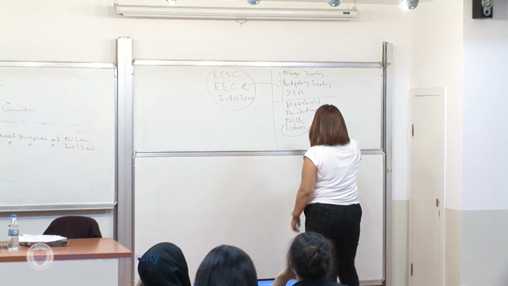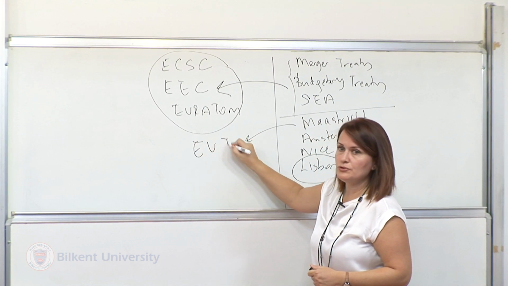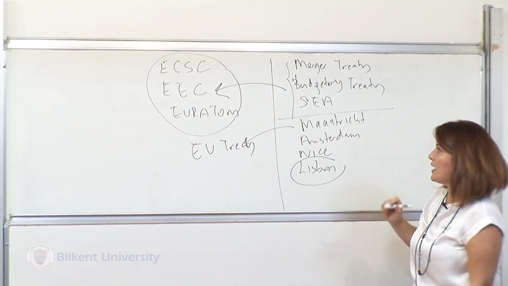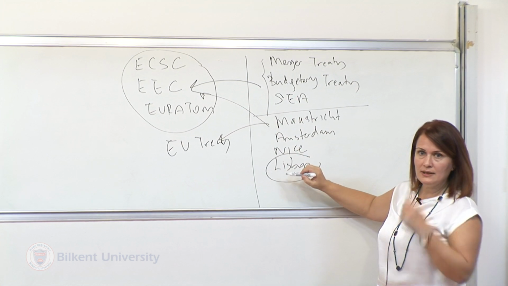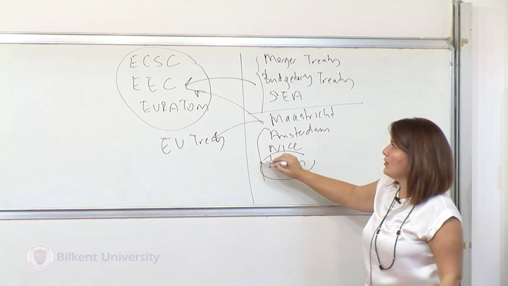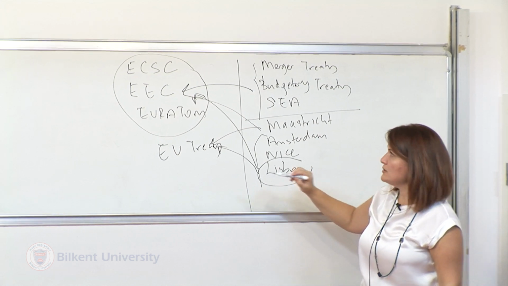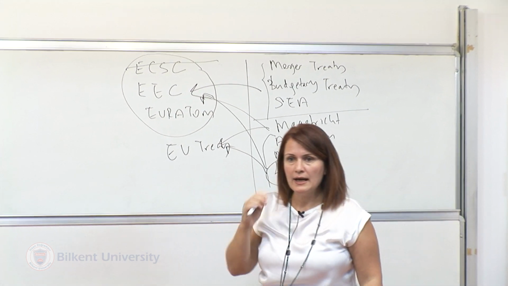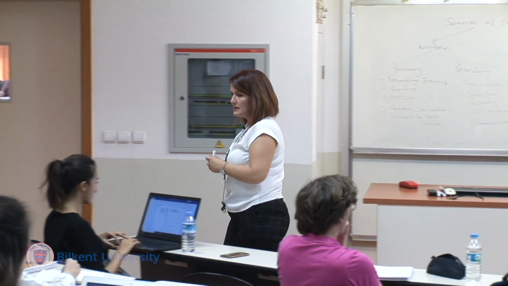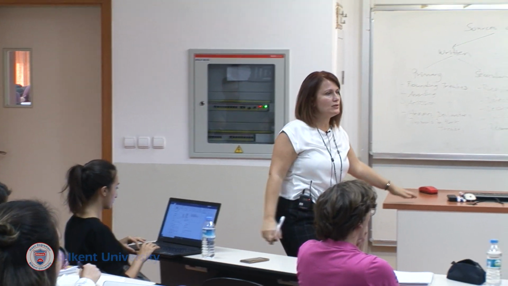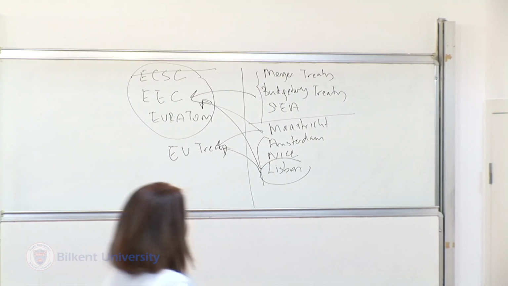After the Maastricht Treaty, which also provided for an EU treaty establishing the European Union for the first time and amended the previous founding treaties, the amending treaties amended this and this. As you know, the European Coal and Steel Community expired in 2002. Therefore, the amending treaties continued to amend the EEC Treaty and Euratom. Now the question is, today, how many treaties do we have?